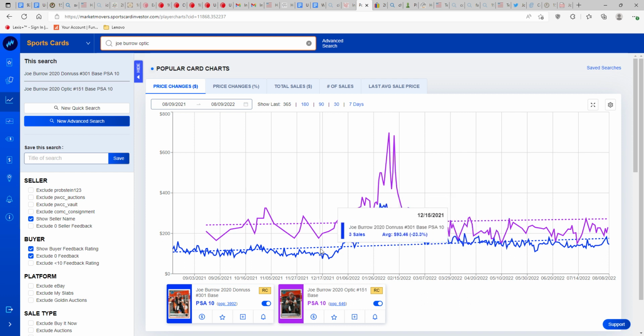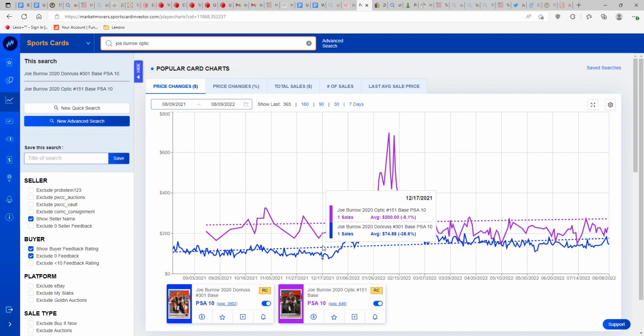But over the course of all of last year, the Optic base was trading at about 2 times the Rated Rookie base. So if you saw that the Rated Rookie base was trading at $100 and the Optic base in PSA 10 was trading at $140, then that would be a buy signal for the Optic base in PSA 10, because what you would expect to see is that the Optic 10 would be trading at double the Rated Rookie, aka $200.